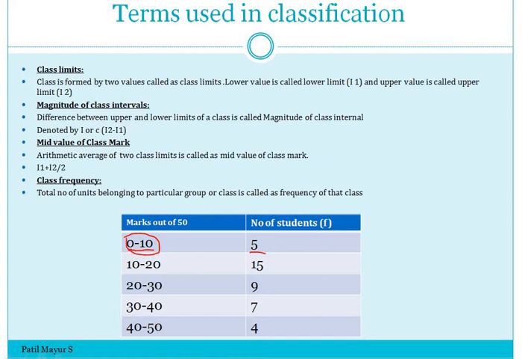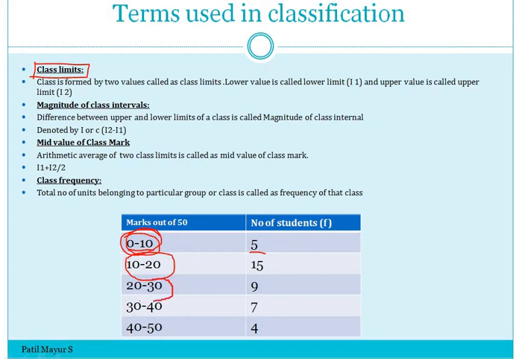So the first thing that we learn here is the class limit. What is class limit? This whole thing 0 to 10 is called a class. Or this 10 to 20 is a class.